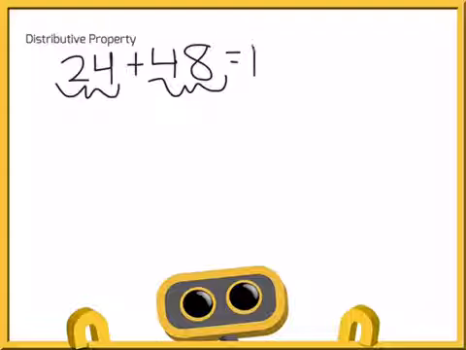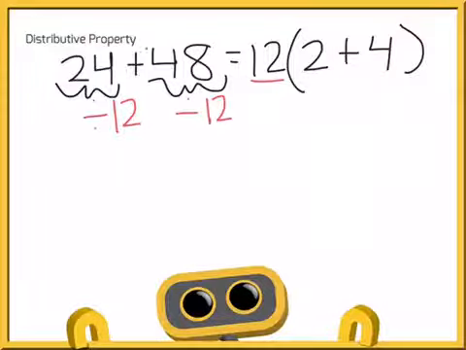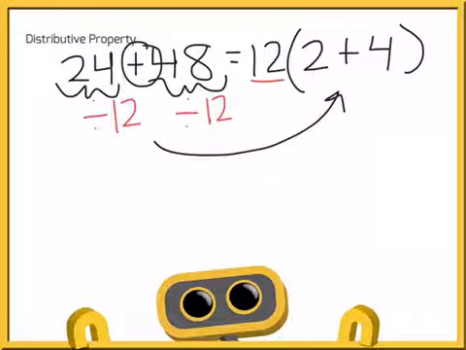So I might take out a factor of 12. When I take out this factor of 12, that means I'm dividing both of those factors by 12. 24 divided by 12 is 2, plus 48 divided by 12 is 4. So I simplified this addition problem to 12 parentheses 2 plus 4. This you can do. This would be correct.